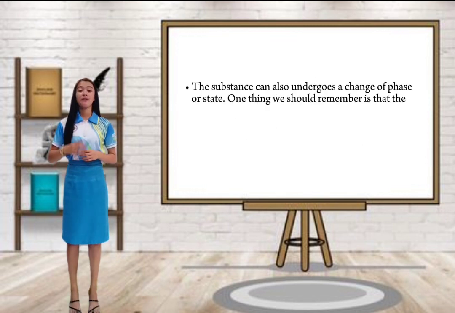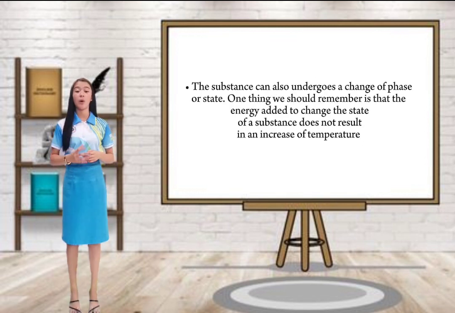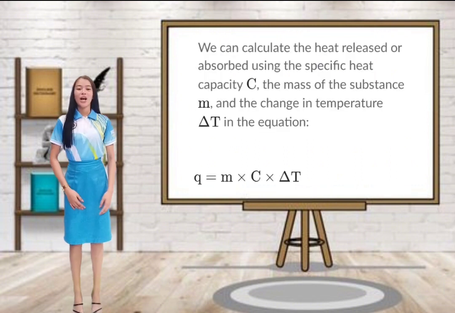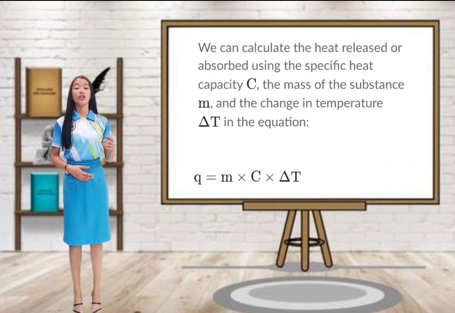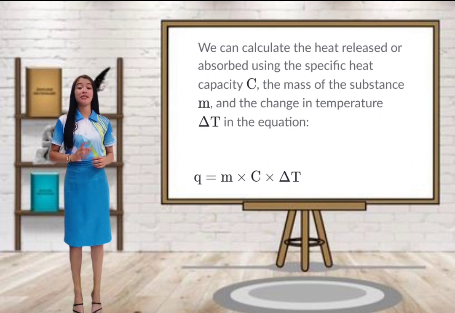Number two, the substance can also undergo a change in phase or state. One thing we should remember is that the energy added to change the state of a substance does not result in an increased temperature. We can calculate the heat released or absorbed using the specific heat capacity, the mass of the substance, and the change in temperature.